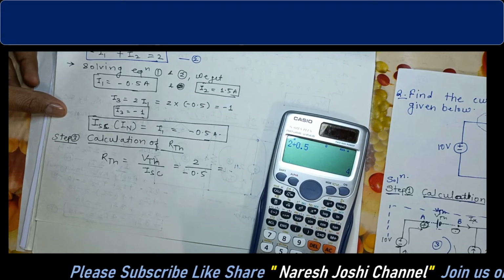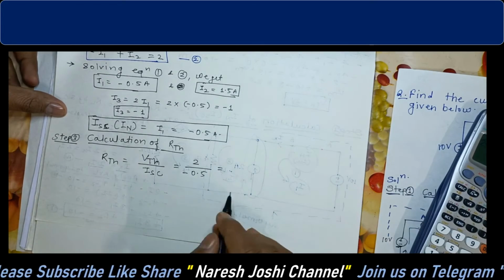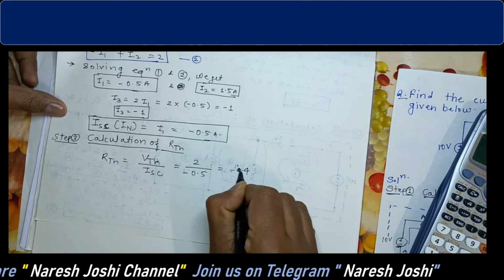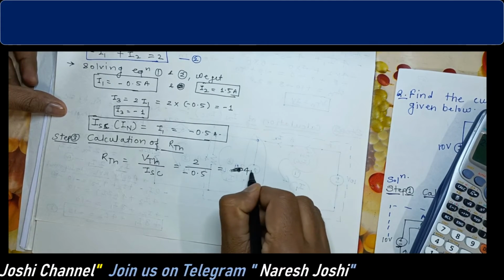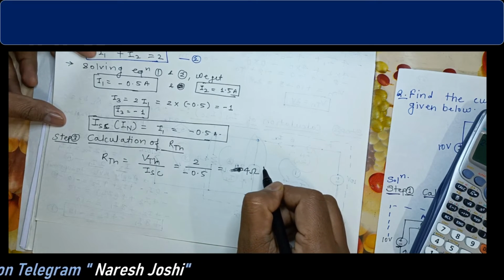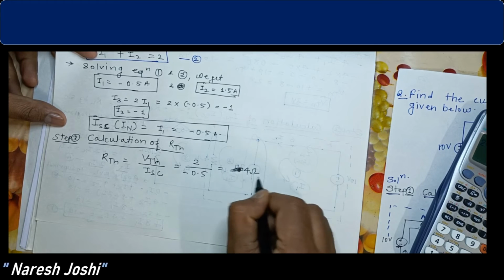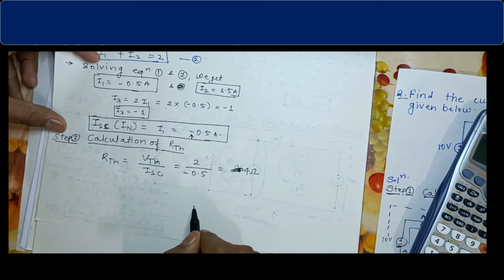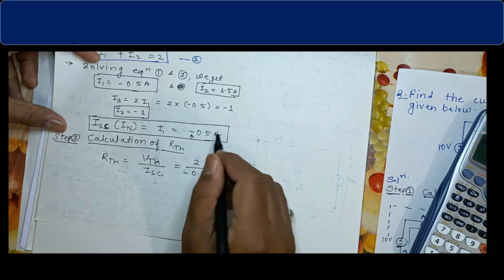So this is minus 4 ohm. Always remember, it will never be minus, because resistance is never negative. So what is this minus indicating here? It is indicating the direction we have assumed.